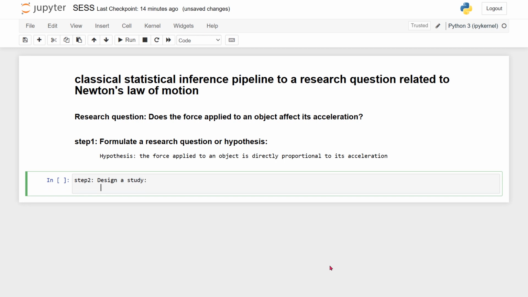A study is designed to collect data on the relationship between the force and the acceleration.